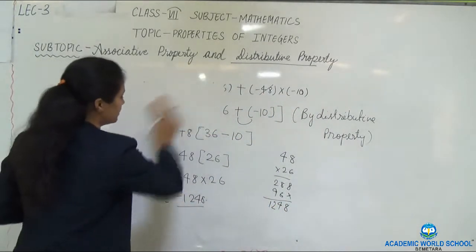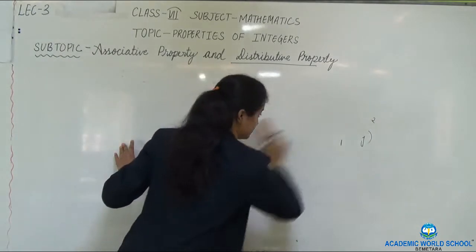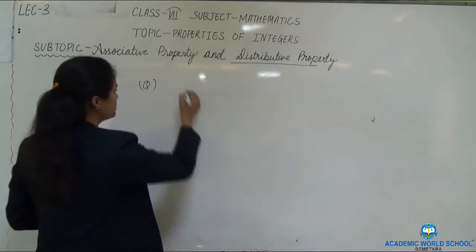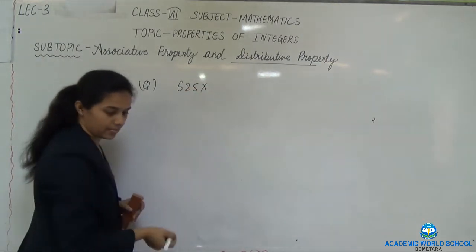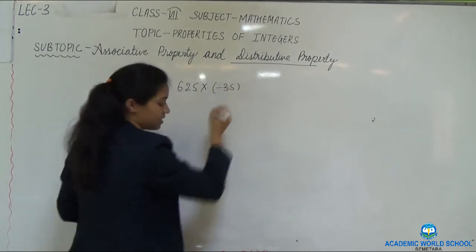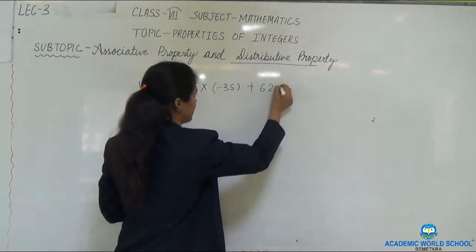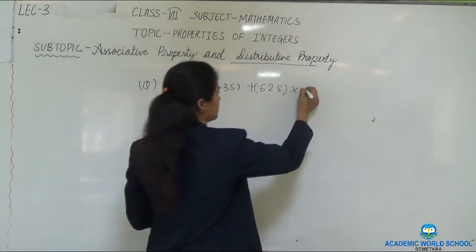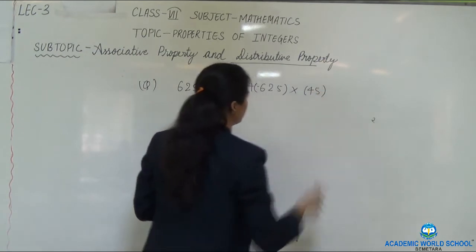I can use one more property in solving this. Suppose the question is 625 into minus 35 plus 625 into 45.